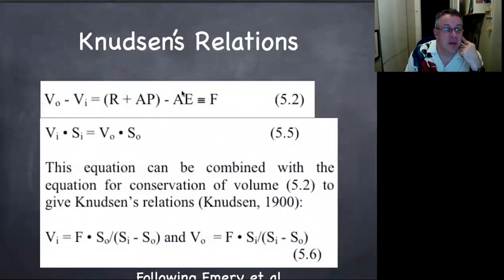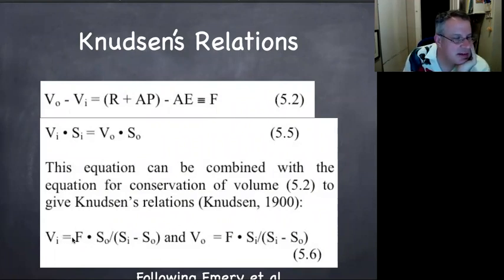We can combine these two equations to either eliminate the outflow from both, which is this equation, or eliminate the inflow from both, which is this equation. So stare at this for a second, see what you see.